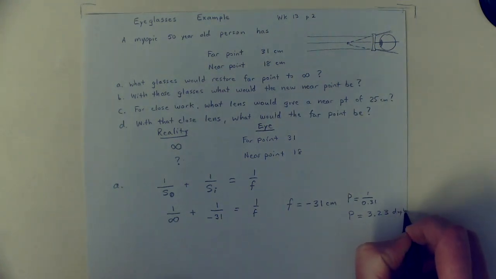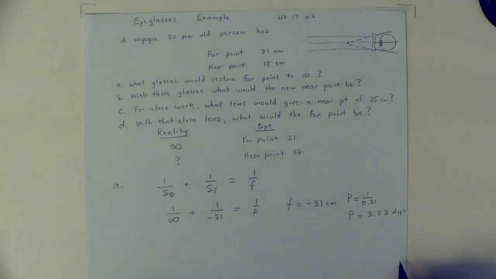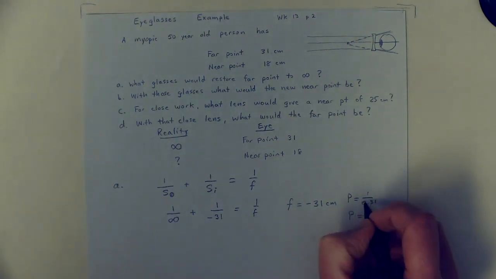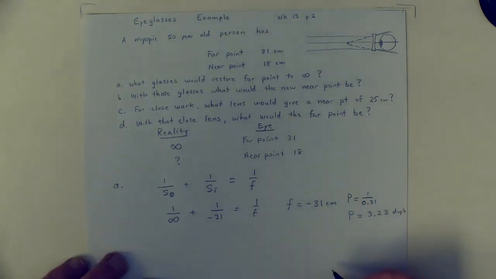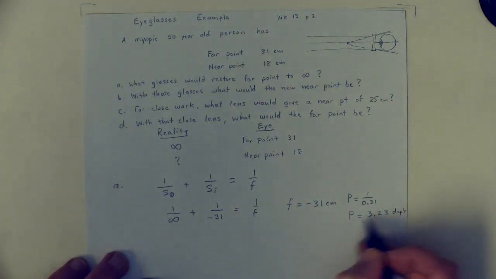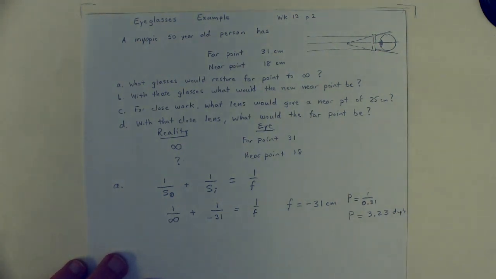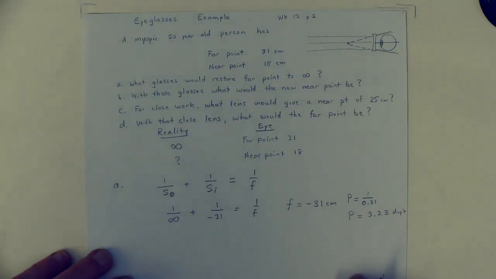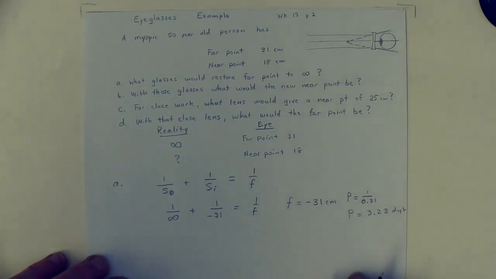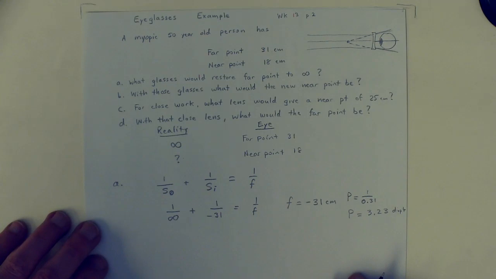Diopters are inverse meters. And you have to always be sure and put your number in meters to get the right number in diopters. So this would be an appropriate lens to prescribe, except that, of course, they only come by quarters. So you'd pick 3.25, presumably. That's as finely as they make them.